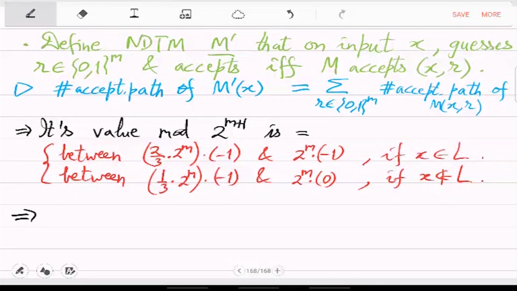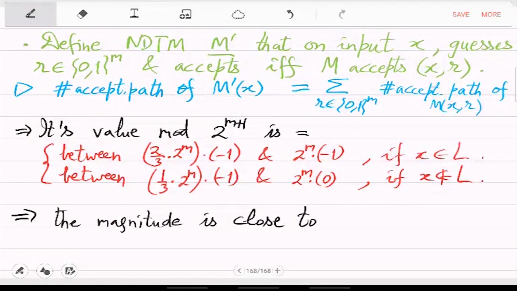So this means that the magnitude is either close to 2 raised to m or close to 0.